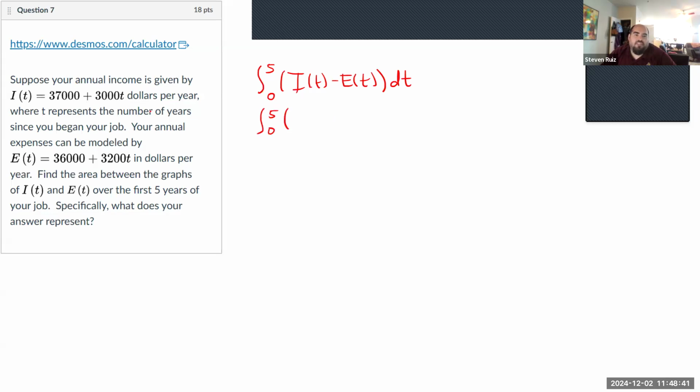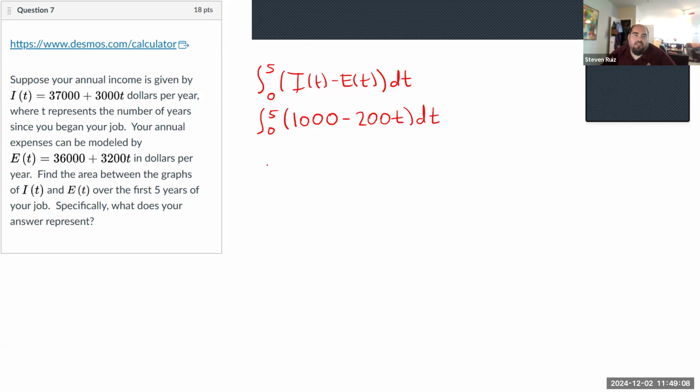These are both linear functions, so I can make some subtractions on the fly. 37,000 minus 36,000 is 1,000. And 3,000 minus 3,200 is negative 200t. So I believe what I am integrating is 1,000 minus 200t dt.